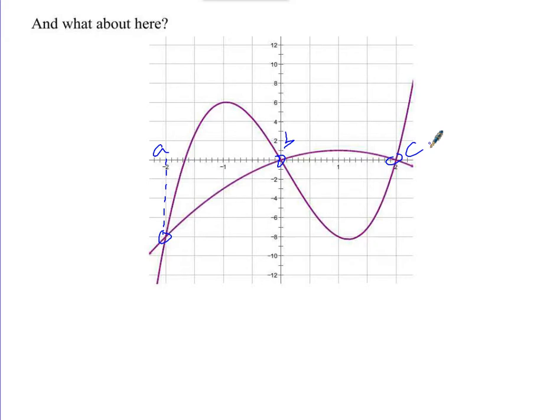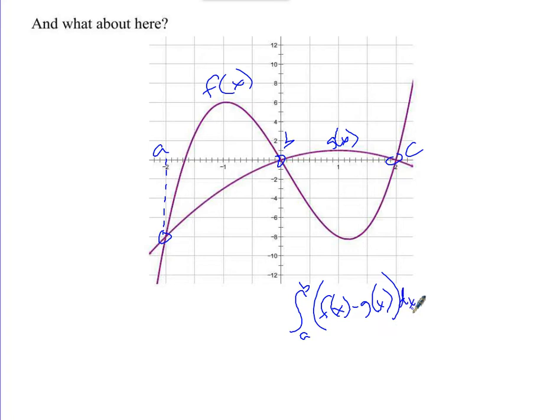The double loop you want to call F? So I'll call this one f of x, that's fine, which makes this one g of x. Okay, so the first one, from A to B, we'll take f of x minus g of x. Why? Because f of x is on top. Okay. Now we B to C.